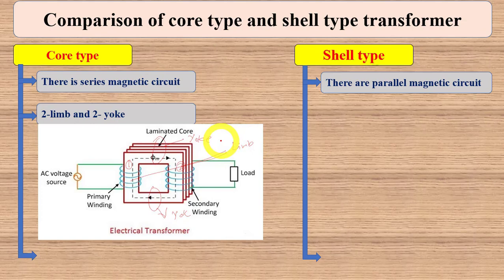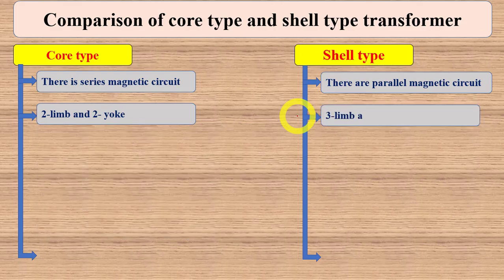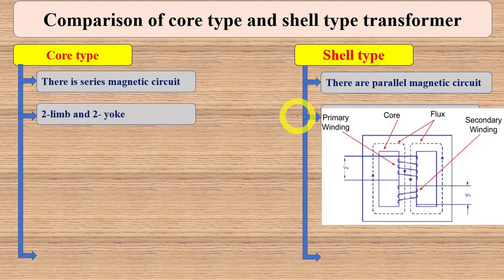So in this way, a core type transformer has 2 limbs and 2 yokes. Now in case of a shell type transformer, it has 3 limbs and 2 yokes: limb 1, limb 2 and limb 3, and this one is yoke 1 and this one is yoke 2. So in this way, a shell type transformer has 3 limbs and 2 yokes.